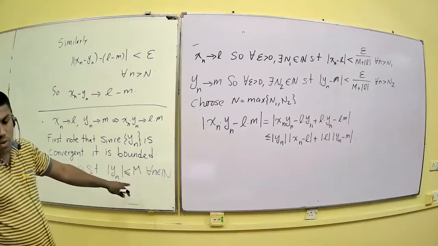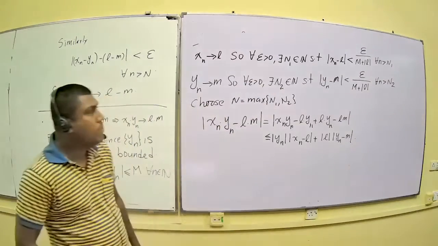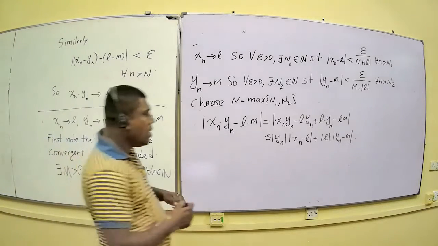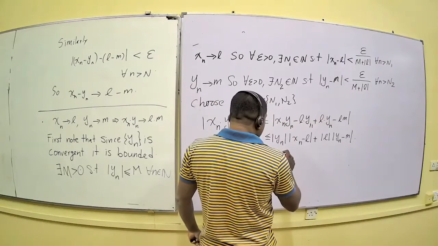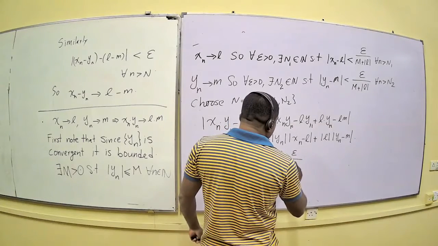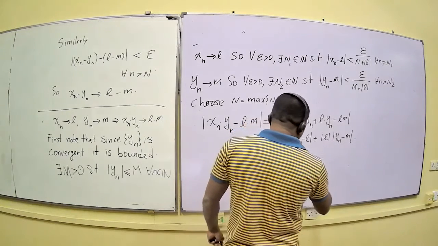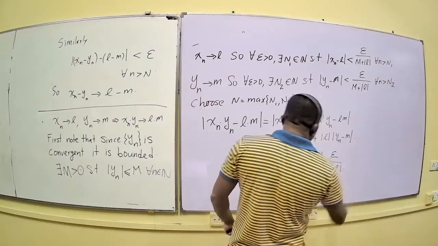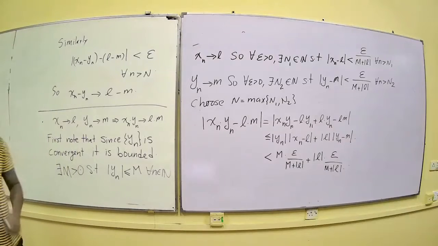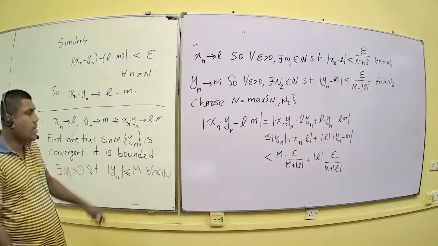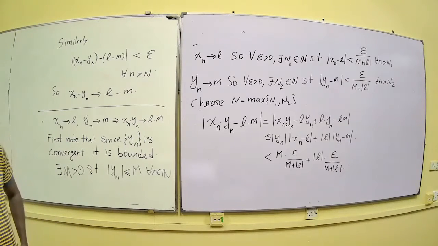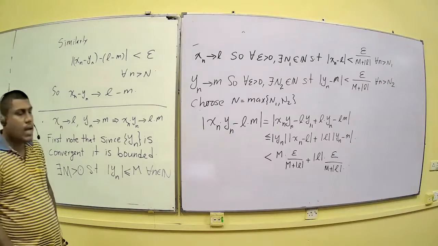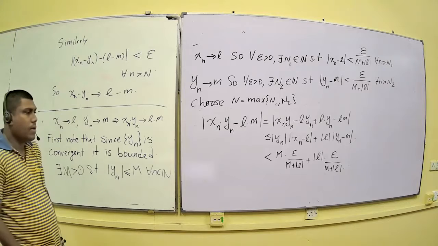But the absolute value of yn is less than or equal to M, and xn minus L is less than epsilon over M plus absolute value of L, and yn minus M is also less than epsilon over M plus absolute value of L. So when you apply all of them, this is less than M times epsilon over M plus absolute value of L, plus absolute value of L times epsilon over M plus absolute value of L. Because yn is bounded by M, xn minus L is small because of convergence, and yn minus M is small because of convergence.